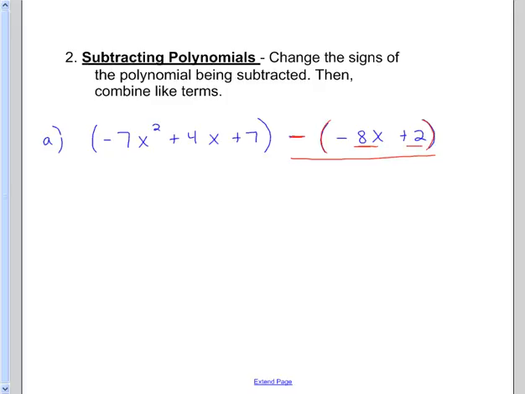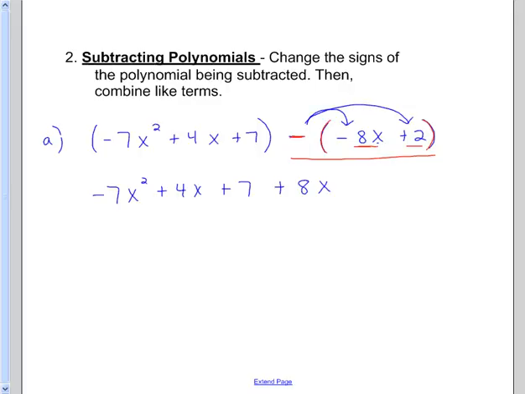So with subtraction, you will rewrite the first polynomial, negative 7x squared plus 4x plus 7. The second polynomial, we're going to distribute this negative. A negative times a negative 8x is going to be a positive 8x.